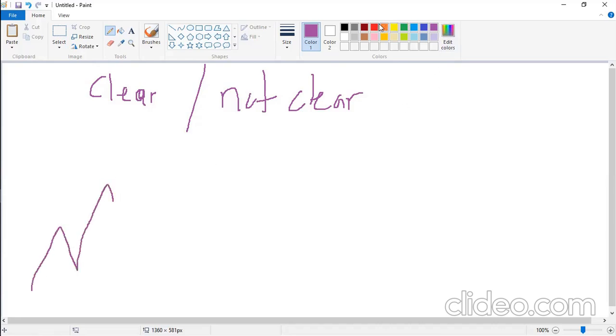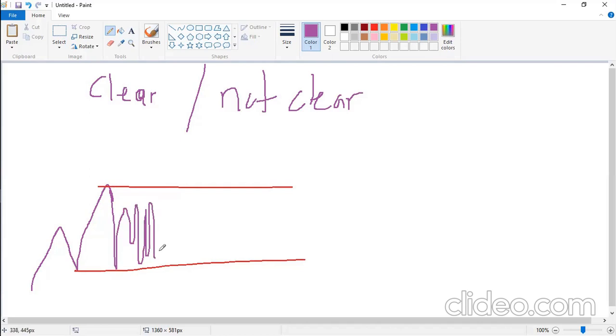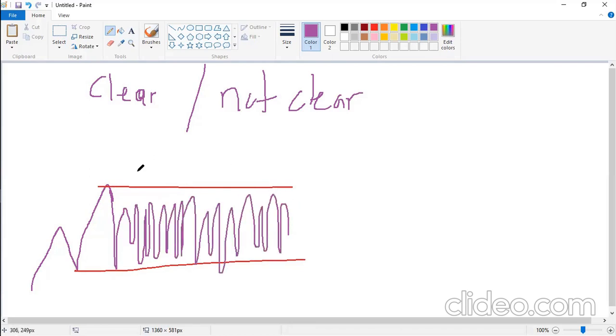This is your high, this is your low, and then price is just doing this. This is not clear. When you see this, the only thing that you need to mark is your high here and your low here. That's the only thing that you need. Nothing is clear inside this range.